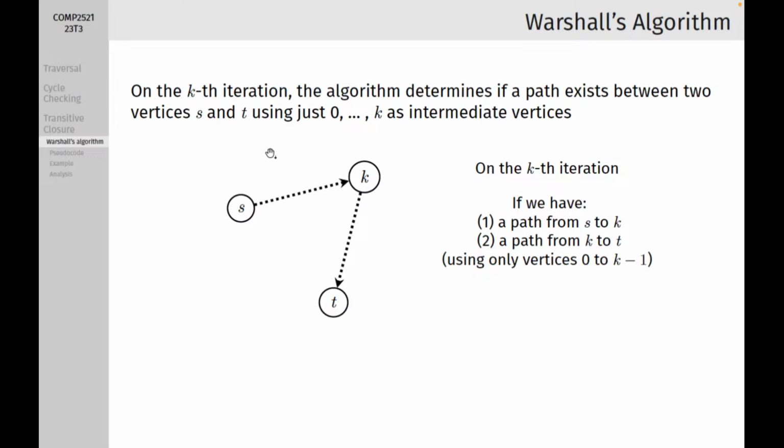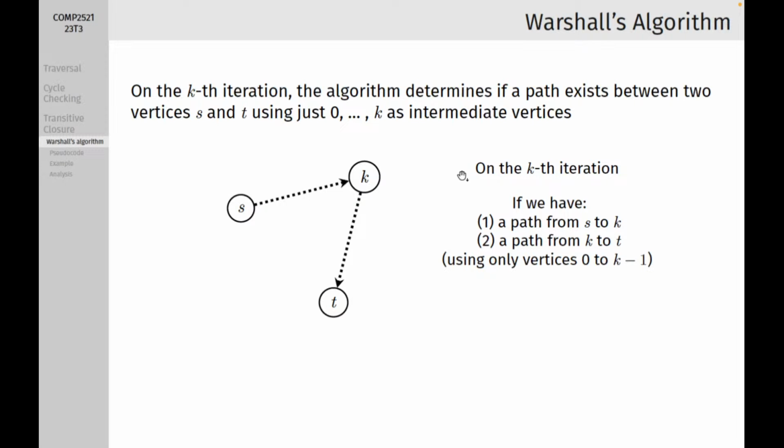All right, so on the kth iteration, the algorithm tries to determine if there is a path between S and T using just the vertices from 0 to k as intermediate vertices.